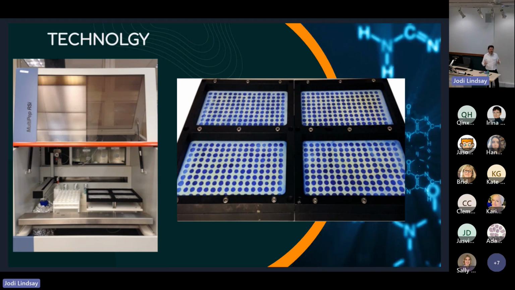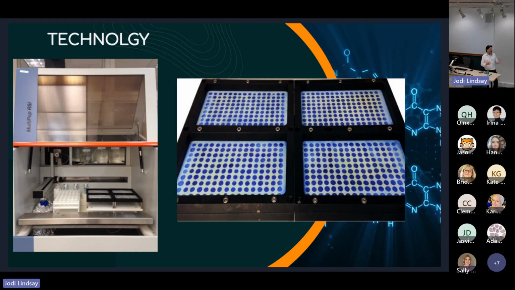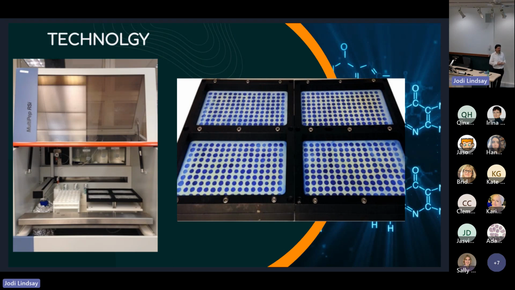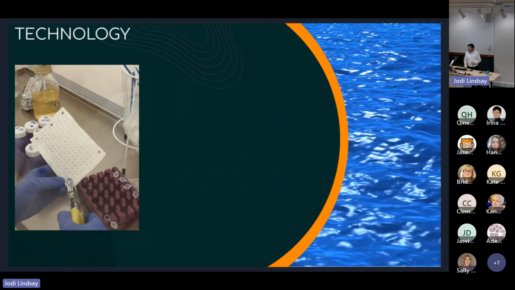But if you do want to do, let's say, an antibody epitope scan, and you just need small amounts of peptides, we can actually synthesize 3,000 peptides in one go. So it's a really great technology, especially if it allows you to synthesize many peptides for a very reasonable price, which you otherwise wouldn't do.